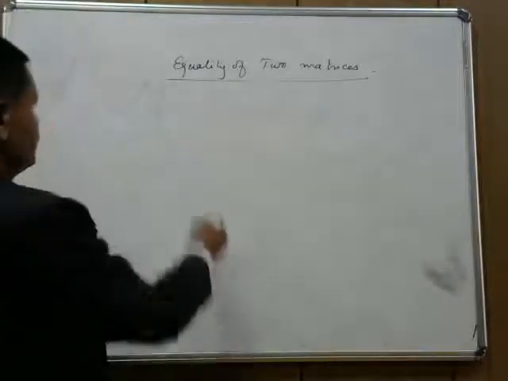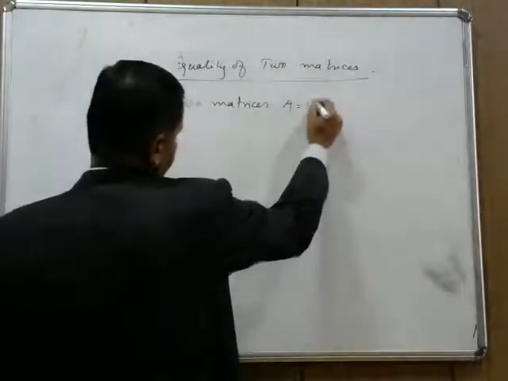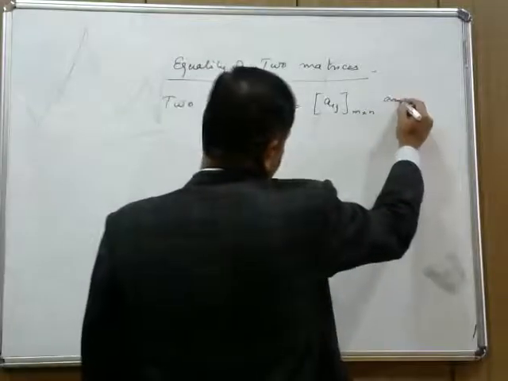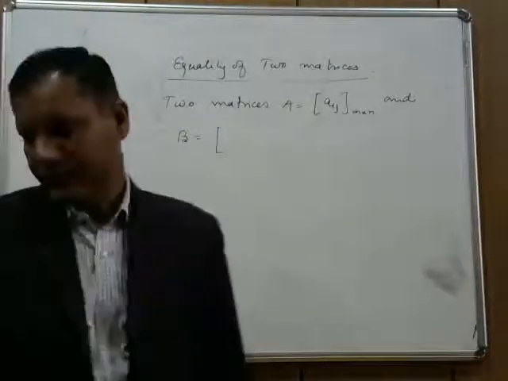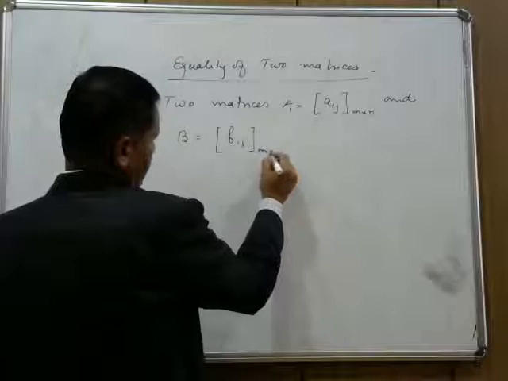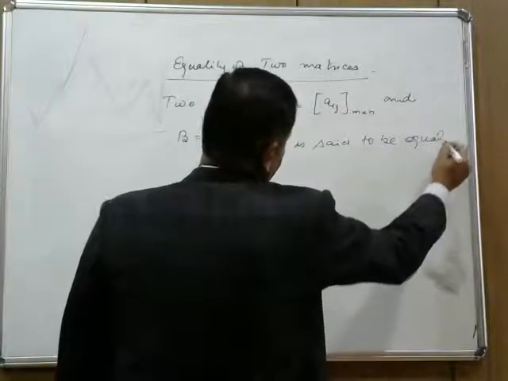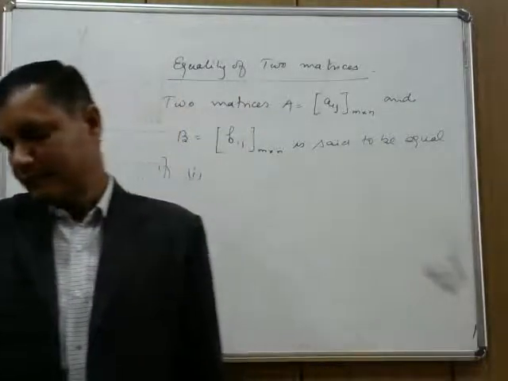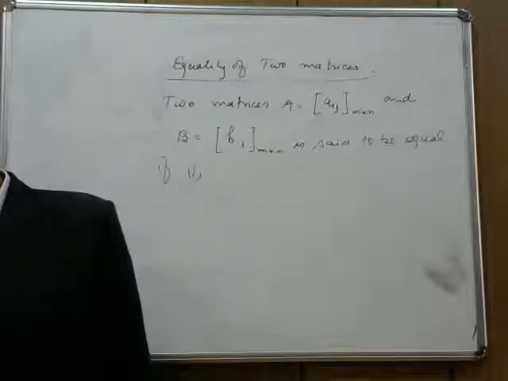That means two matrices, A having the elements Aij of order m by n, and the second matrix B having the elements Bij of order m by n, are said to be equal if, number 1, the number of rows in A is equal to the number of rows in B, and the number of columns in A is equal to the number of columns in B.